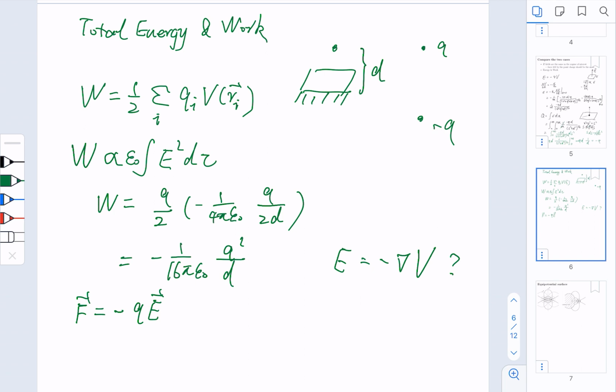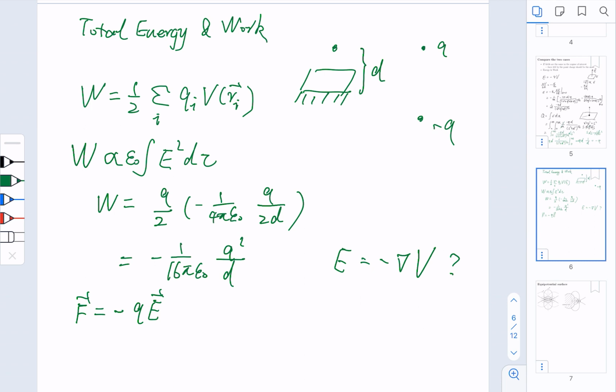So any guesses? Hmm? So when we are calculating the forces acting on a test charge, we always need to get rid of that test charge, right?